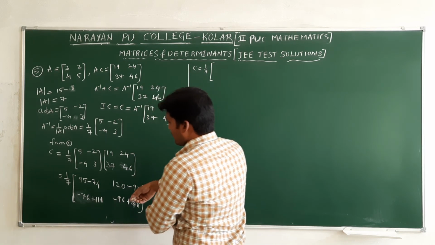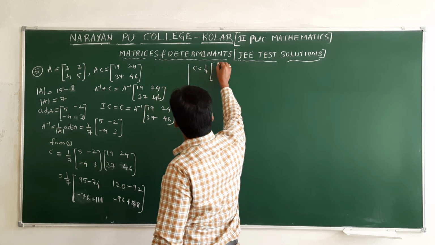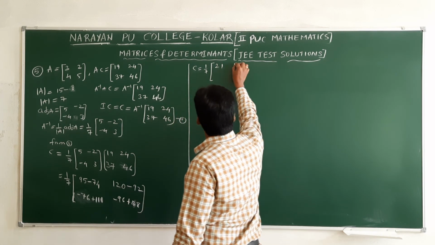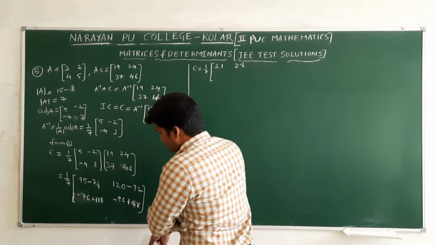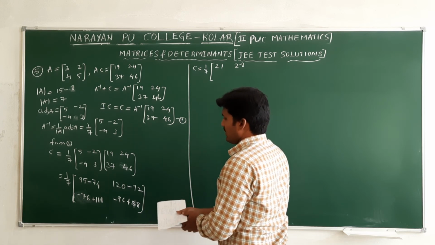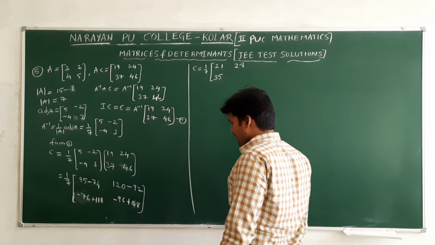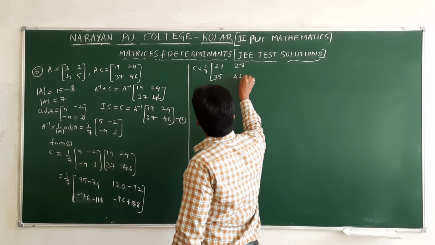How much will we get here? 95 minus 74, so a total of 21 we will get as the difference. Next here 120 minus 92, that is 28. Next here in 111, if we subtract 76, that is 35. Here 138, if we remove 96, that is 42.